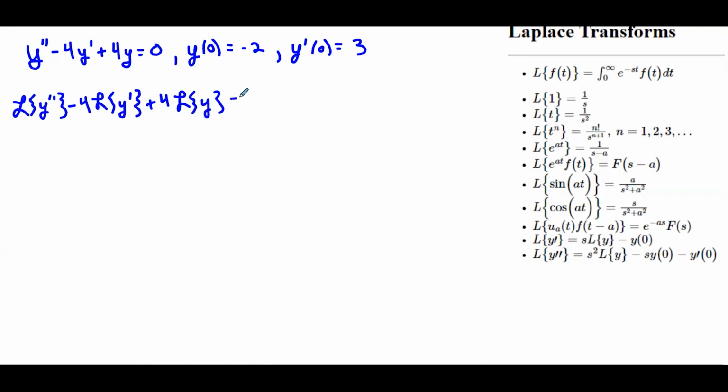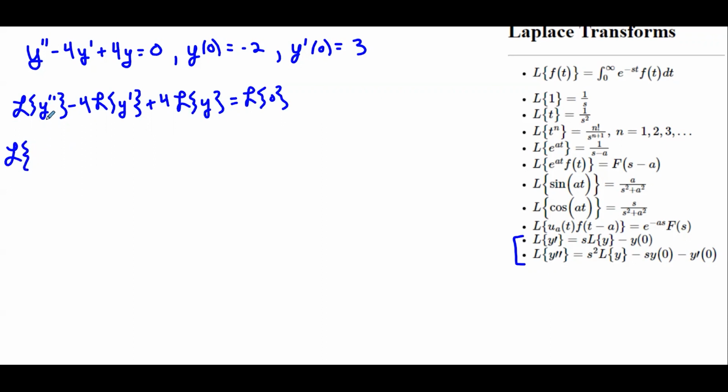So we get Laplace transform of y double prime minus 4 Laplace transform of y prime plus 4 Laplace transform of y equals Laplace transform of 0. And again, we're going to use these two Laplace transform formulas from our table of Laplace transforms for the Laplace transform of y prime and y double prime.